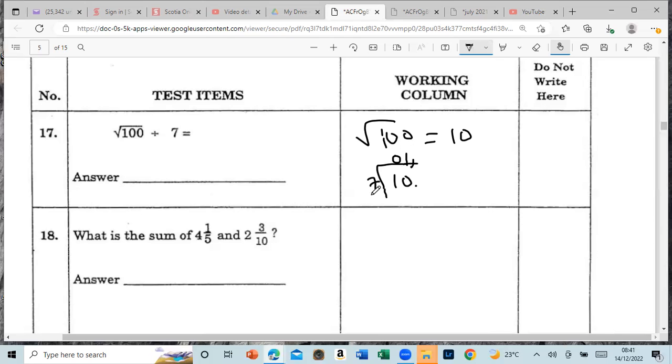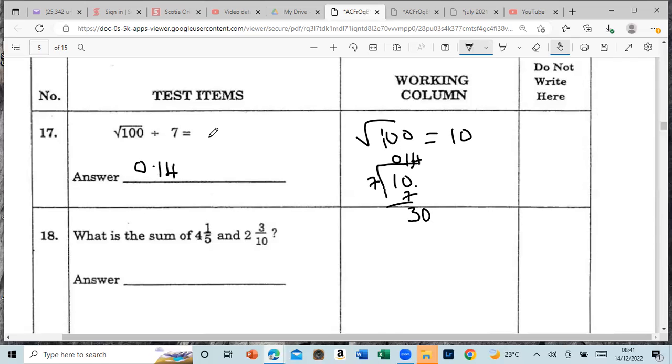Put our decimal point. Remainder 3, put the 0. 7 into 30. 7 times 4 is 28, so that's 4. So I'm going to go with 0.14 for the first part.